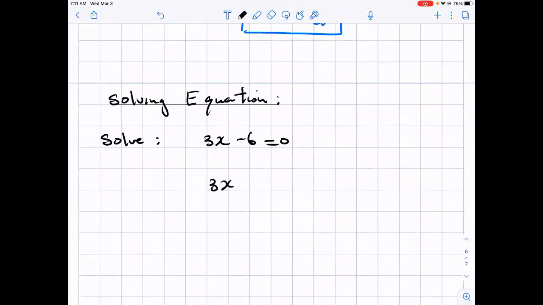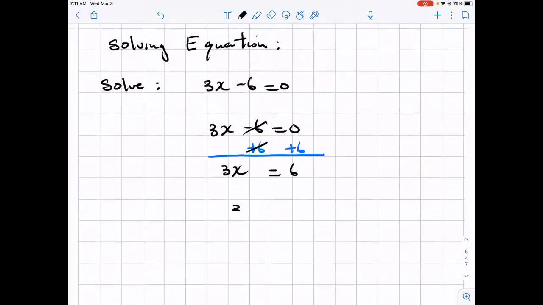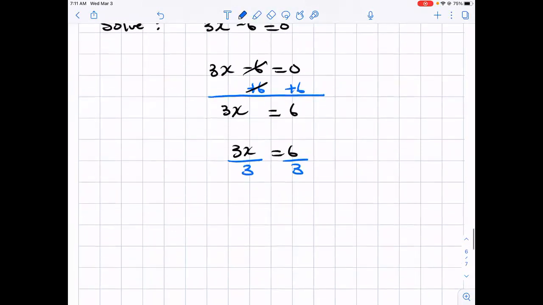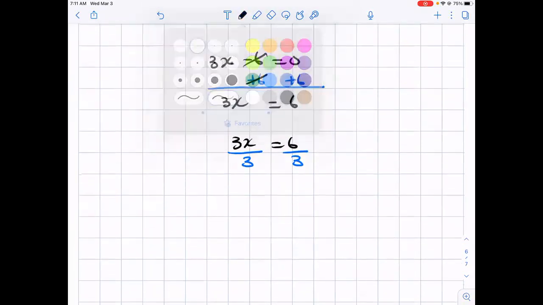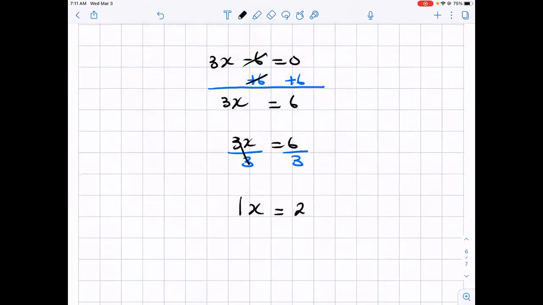So we have 3x minus 6 equals 0. What I'm going to do is add 6 to both sides. We have left 3x, and the minus 6 and the plus 6 combine to become 0. Then to get x by itself, I will divide both sides by 3. 3 divided by 3 is 1, so x is equal to 2.